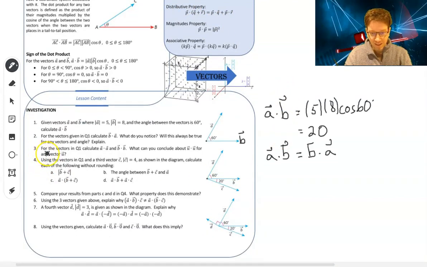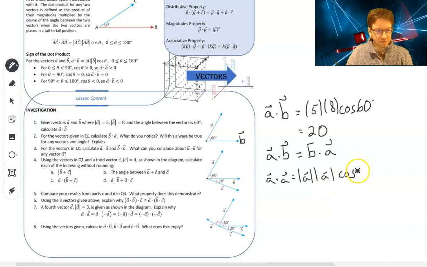Question 3 says, for these vectors, calculate A dot A and B dot B. So I'll give you a minute, try doing that. A dot A simply equals the magnitude of A times the magnitude of A times the cos of the angle between them. But since they're the exact same vector, they're collinear.